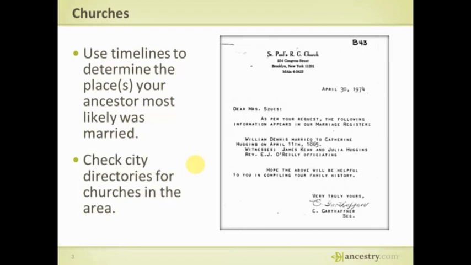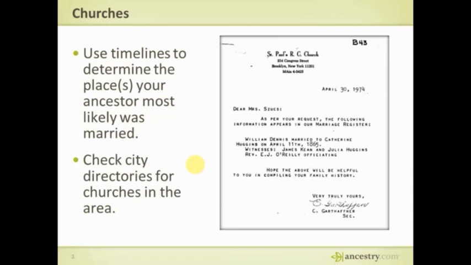Just arranging the records that you have and the places where you know your ancestors lived chronologically can give you a little look at, okay, they were probably married within this time frame here, and this is where they were living about that time. And so that's a really helpful thing to do. And you can include that information when you're requesting records from either a municipality or from a church.